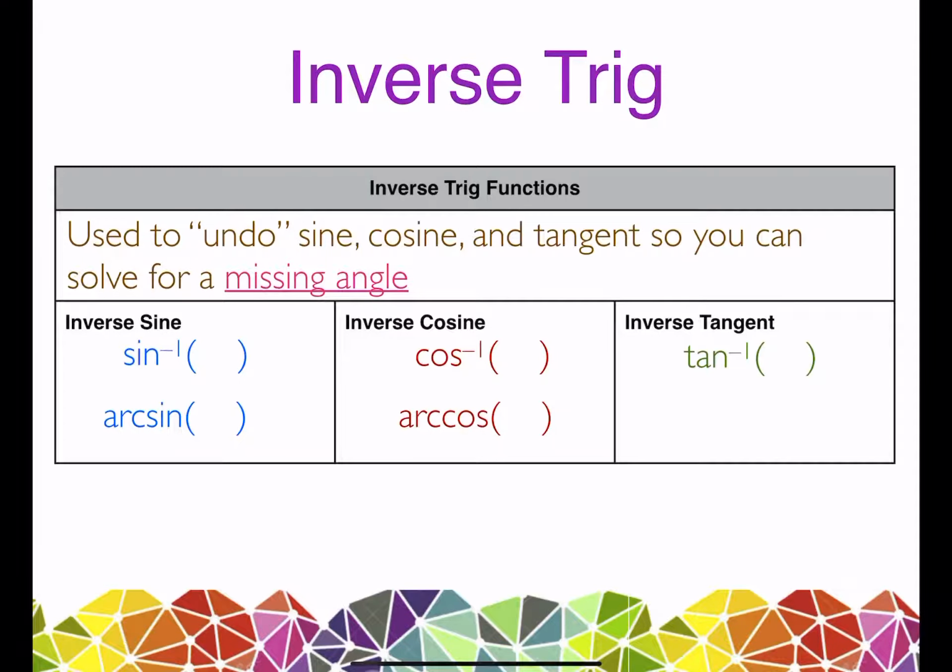And inverse tangent, or tangent -1, sometimes you'll see that written as arctan. So again, these are used to help us find missing angles, to undo the ratio so that we know what the angle is. All right, so we're going to take a look at an example problem, and then I'm going to give you some hints with the practice problems that you have to work through.